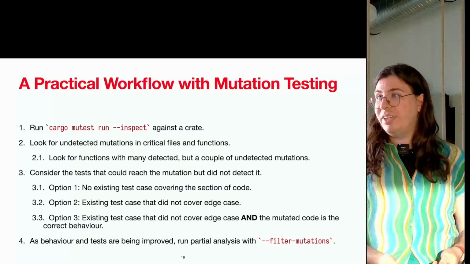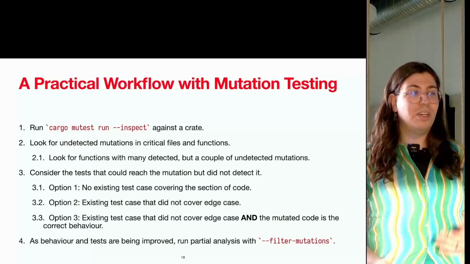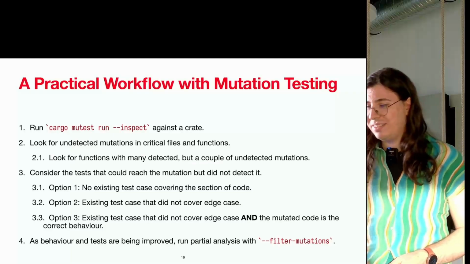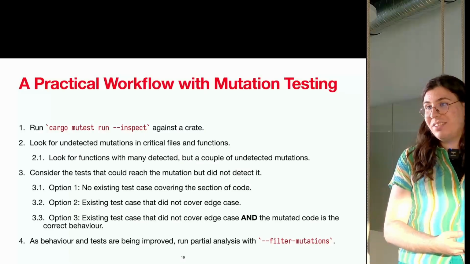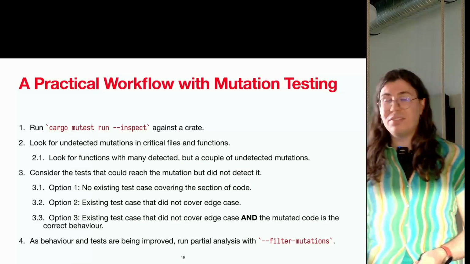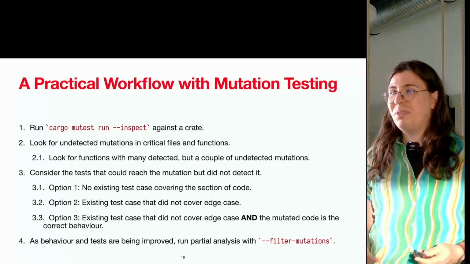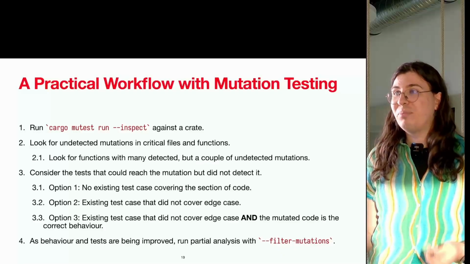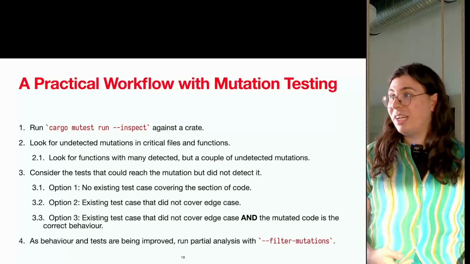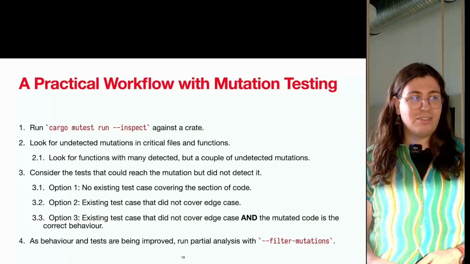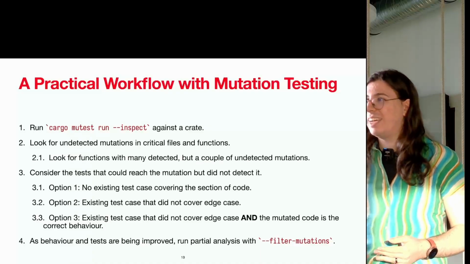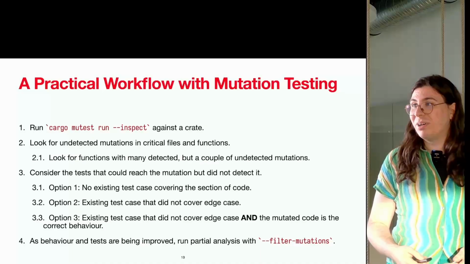So you don't have to run the entire process again from scratch. You can do partial analysis like that. Because ultimately, this is all a big iterative process. And you're going to be running mutation testing a couple of times over and over again, just like with any other tool, to check that your improvement work is going well.